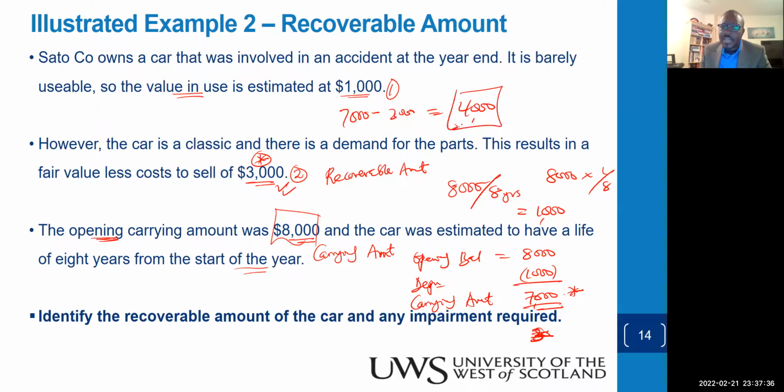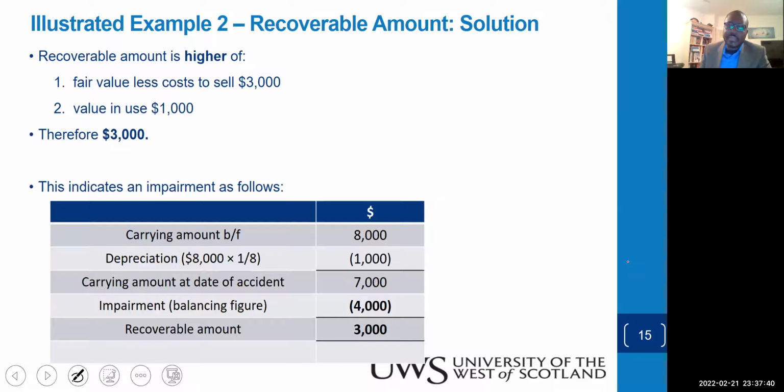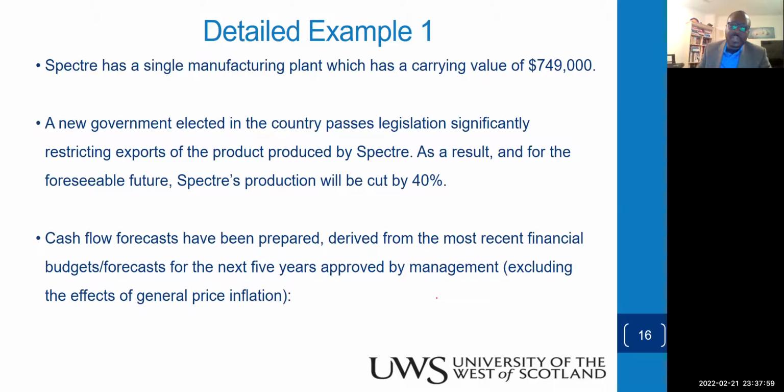This becomes my impairment, which I charge to my profit and loss. Easy, right? Very easy. So like I said, we're picking this. Opening balance is this, the depreciation figure. This is the net carrying amount. Impairment, this is the recoverable amount which we found, so the difference becomes the impairment, which we charge to the profit and loss.